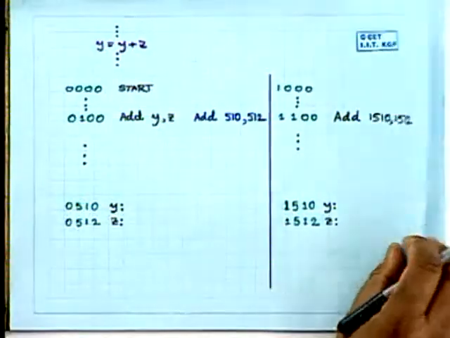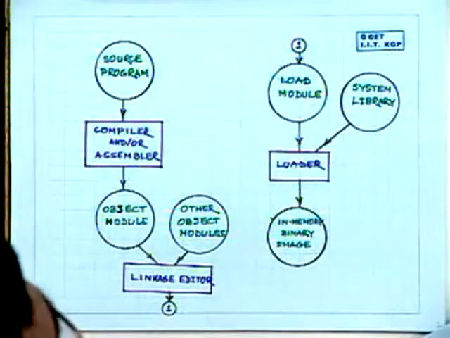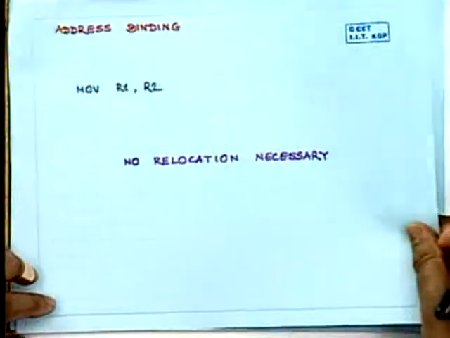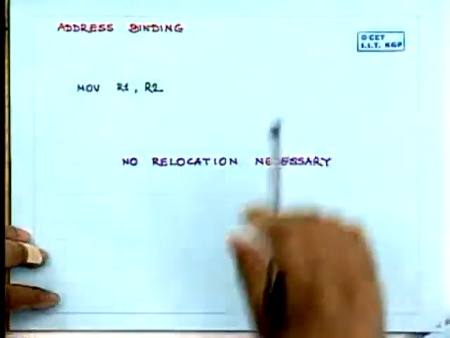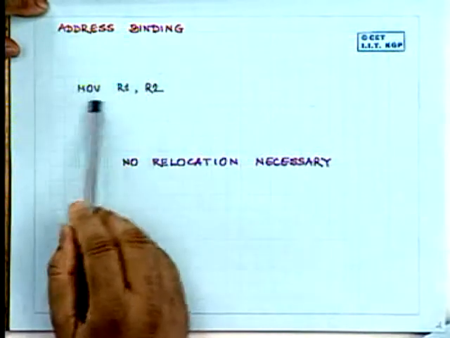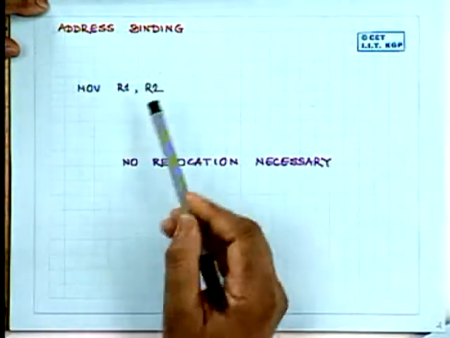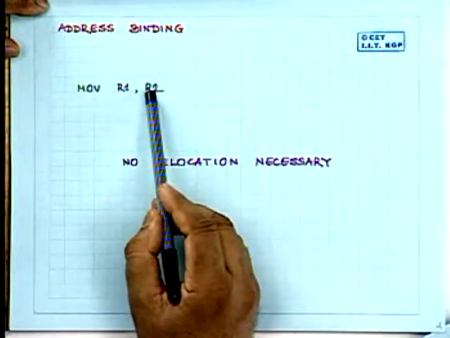Now let me give a few more examples to clarify this issue. Suppose that we have an instruction MOVE R1, R2. That means the content of R2 I am moving to R1.